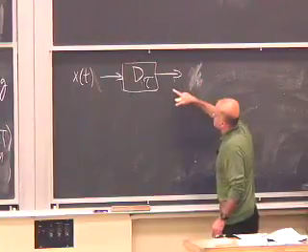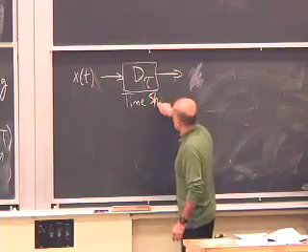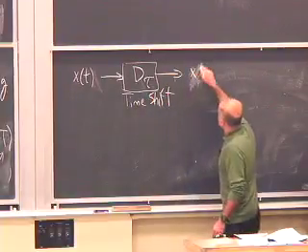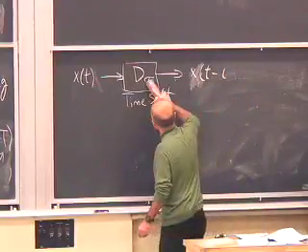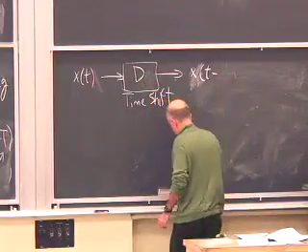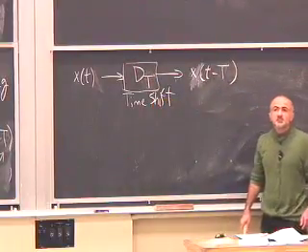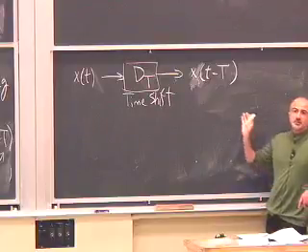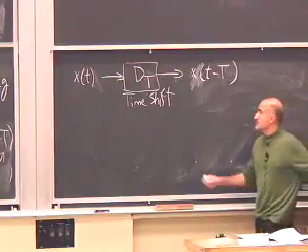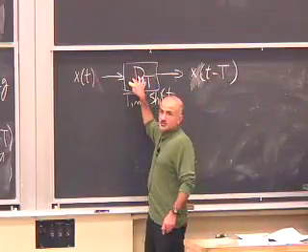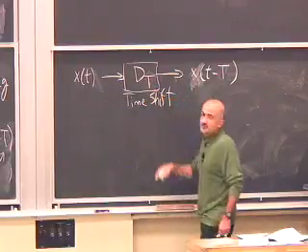What's going to come out, this is a time shift system, is x of t minus capital T. This is a simple delay or advancer system. It takes the input signal, a function, and either shifts it to the right or shifts it to the left by capital T.